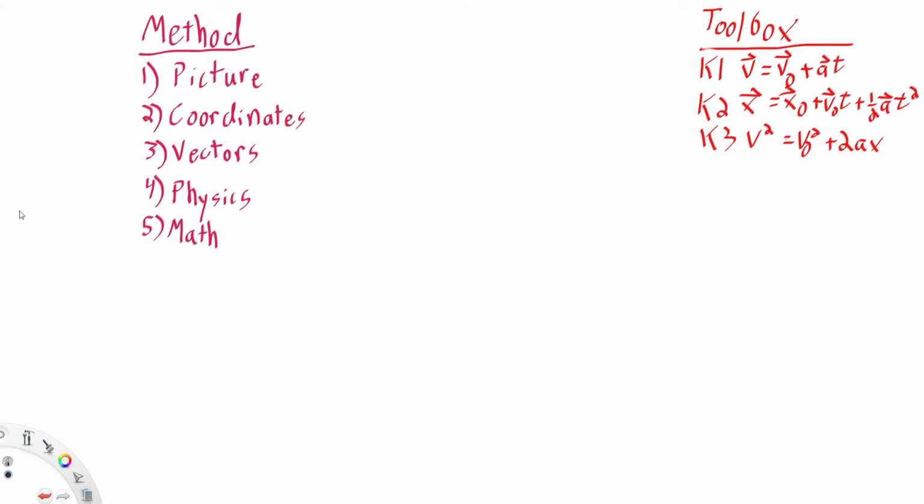What do we have that relates position, velocity, acceleration? It looks to me like K2 is going to do the job. It's got all of those quantities that we're interested in. We may also use K1 or K3, depending on how it goes, but we're going to start with K2 because it's got everything we're interested in.